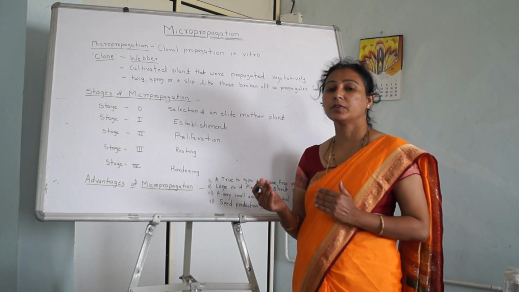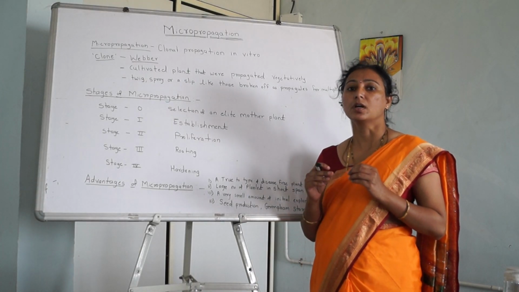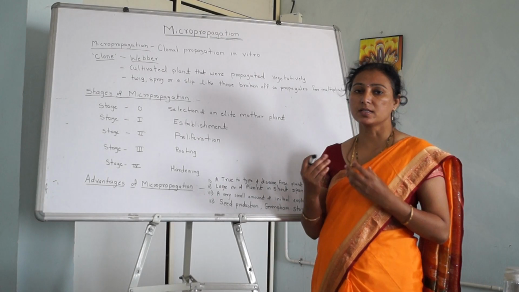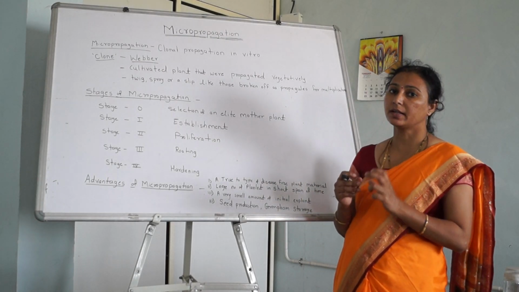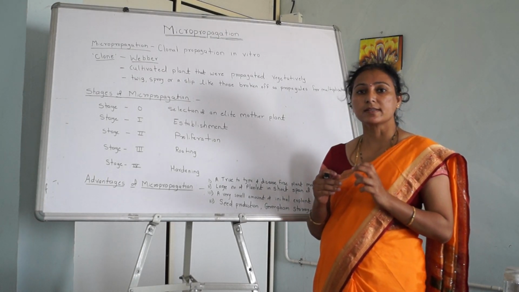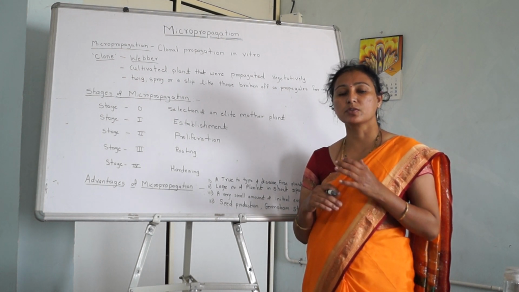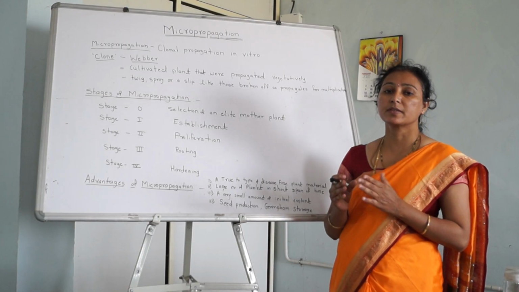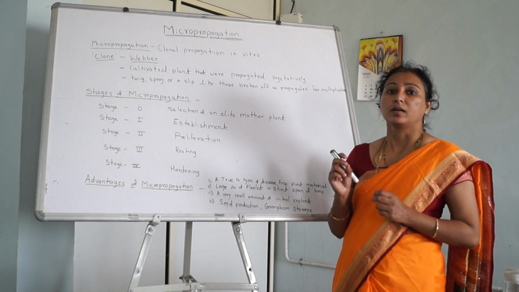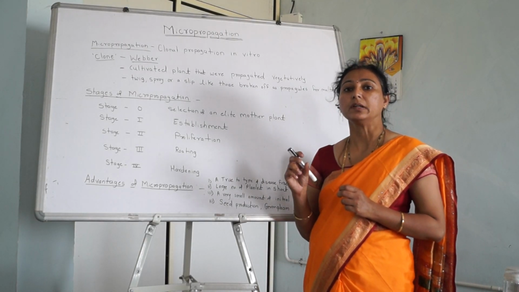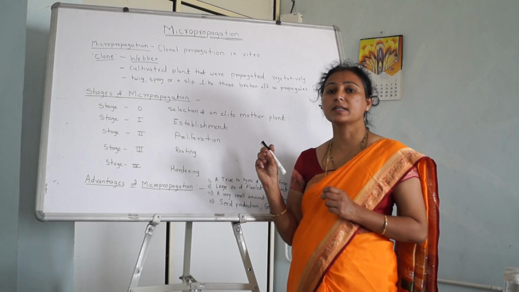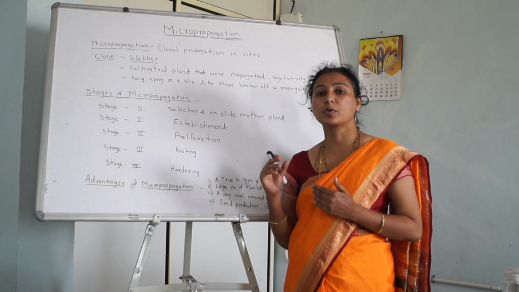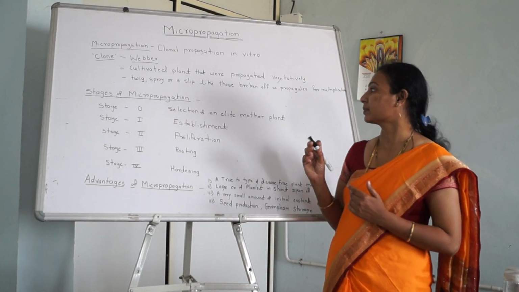The word clone is commonly used to represent a large number of plantlets derived from an individual single explant, and single cell culture and protoplast culture are also used for the production of plants. So the clone also represents plantlets derived either from a single cell, protoplast, or a single specific explant.